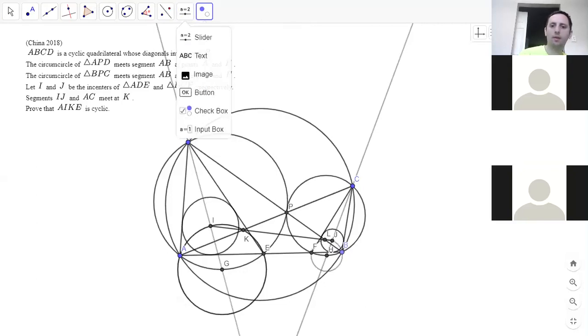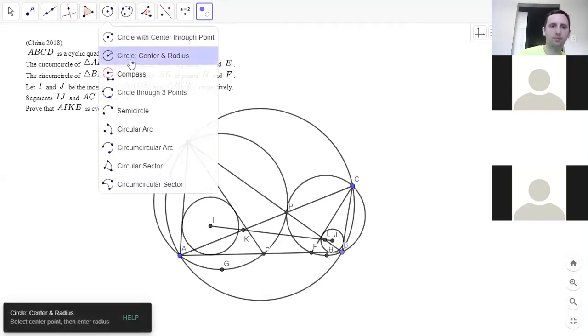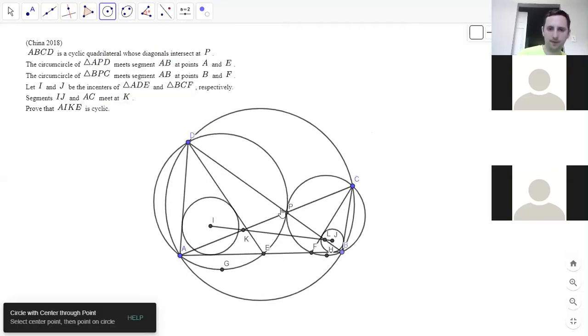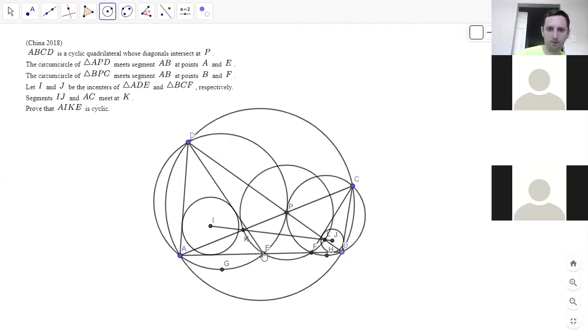Oh, okay, so define it with center P instead. Now we will prove that I, K, J are collinear. Or we could show that A, K, and C are collinear.